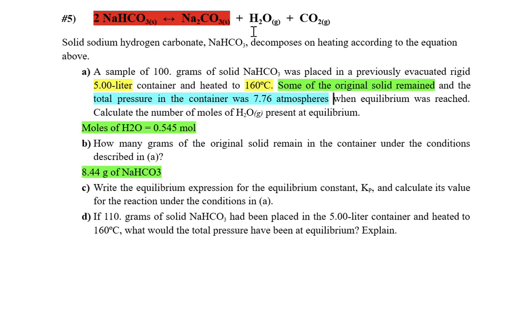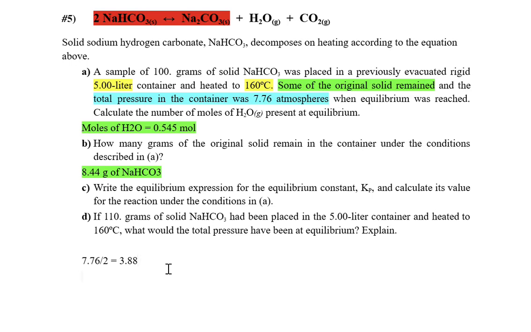So what that means is that the pressure of H2O alone is 7.76 divided by 2. So let's do that. 7.76 divided by 2, we get 3.88. There you go, 3.88. However, it needs the entire thing.